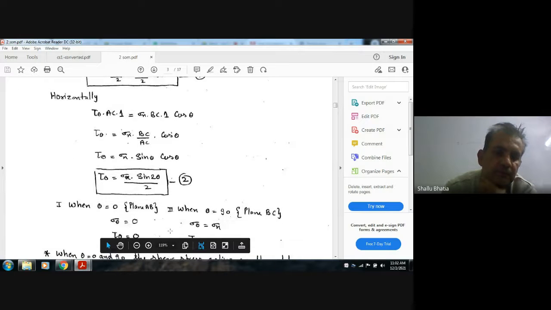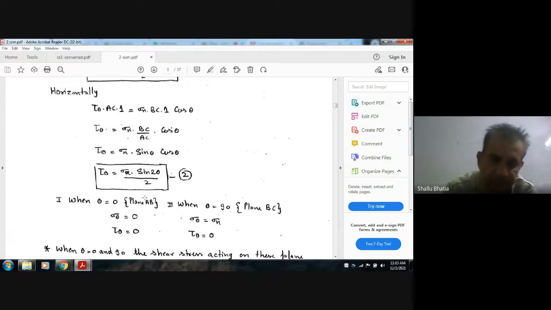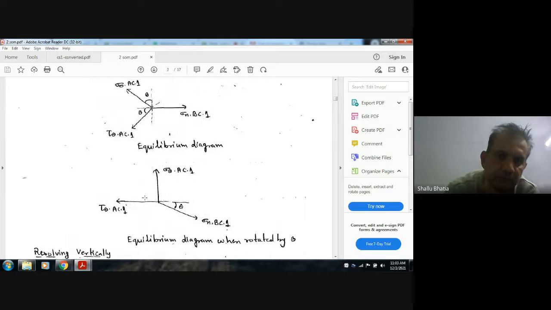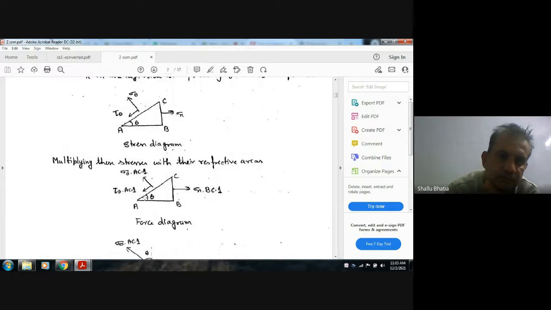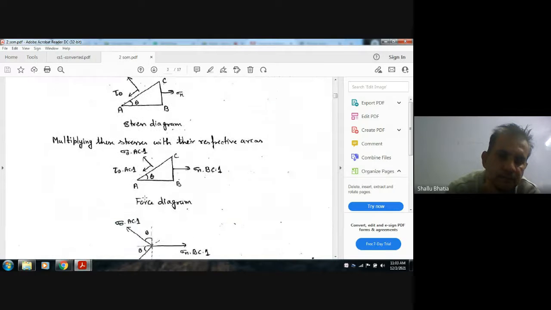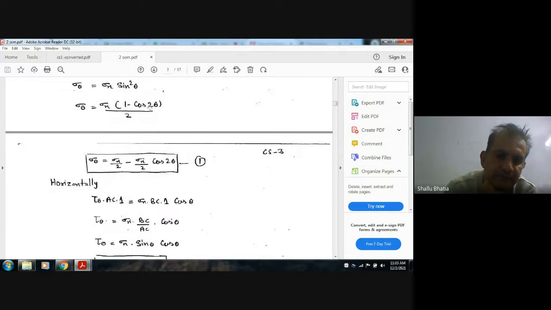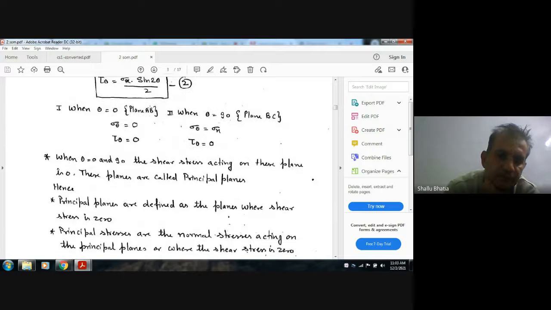So if we put theta is equal to 0, then it is plane AB. To find the stresses at plane AB, we put theta as 0.